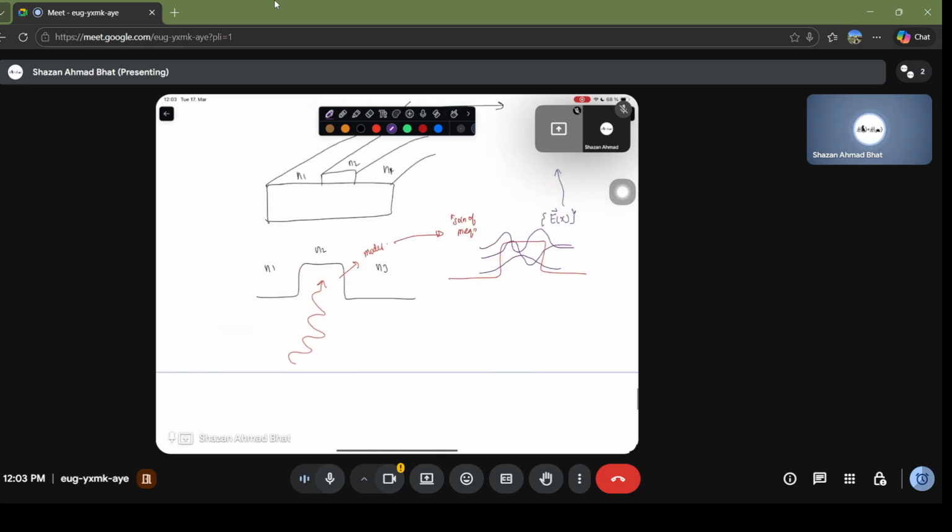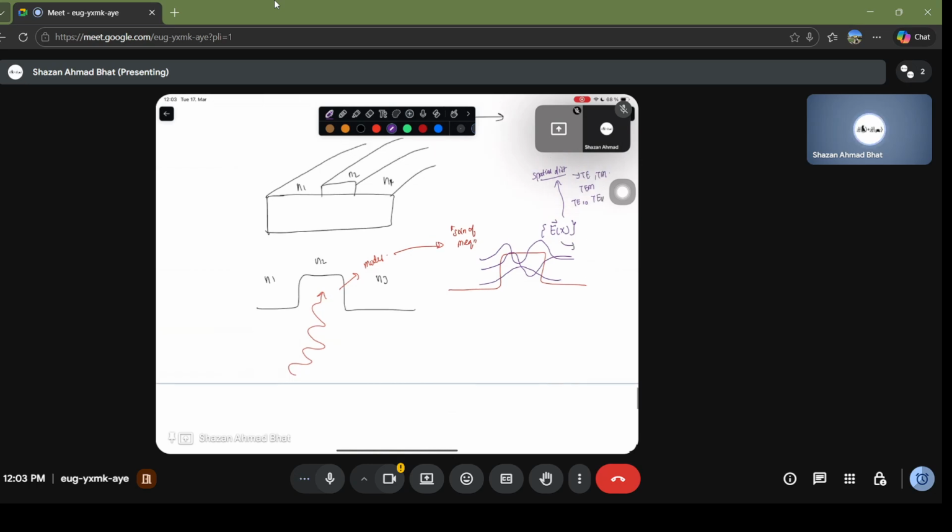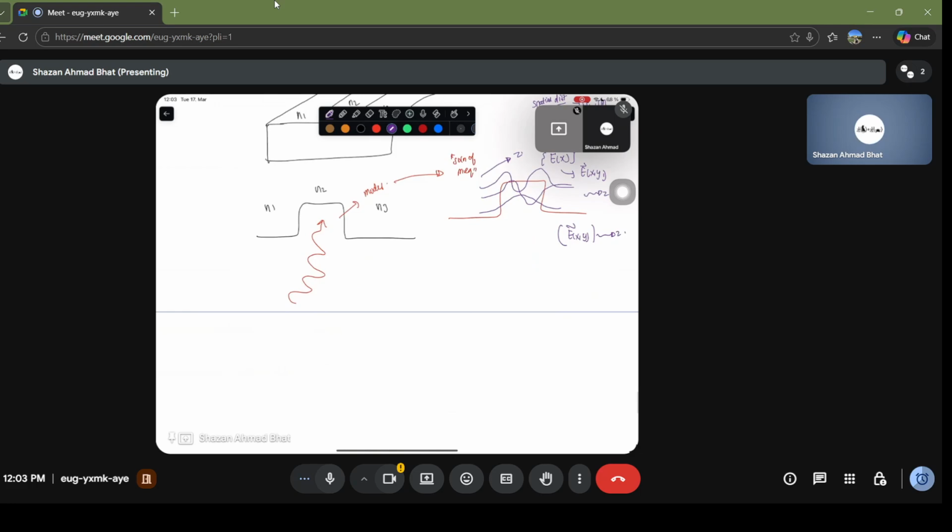As per their spatial distribution, you talk about whether they are TE modes, TM modes, TEM modes, whether they are TE10, TE11, depending upon how they are spatially distributed. So essentially it's a function of x and y, and they are propagating in a certain z direction. E of x, y is basically propagating in the z direction.